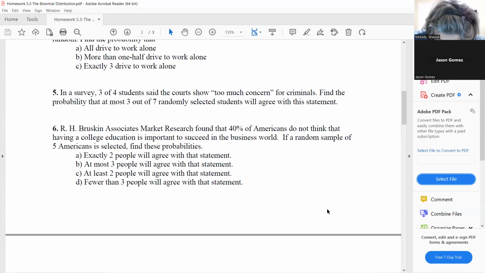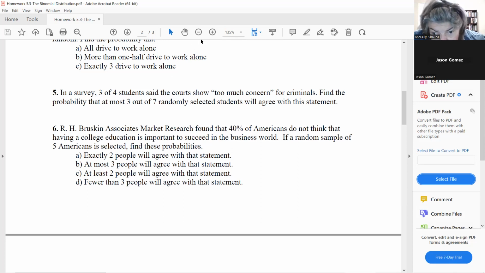Subtract. Okay, are we starting from 0 there? No. At most 3 means 3 or fewer, right? 3 is the most. So on B, we don't have to subtract.